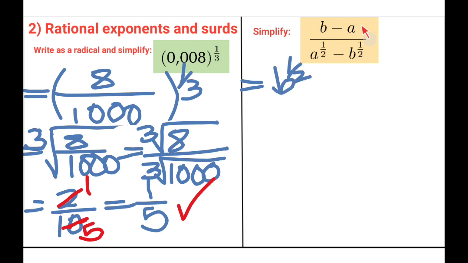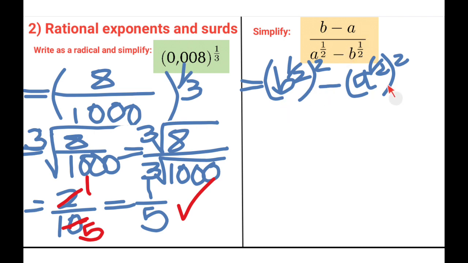So that is b to the power of half all squared minus a to the power of half all squared. Notice that this is a difference of 2 squares, 1 square minus another square, all over a to the power of half minus b to the power of half.